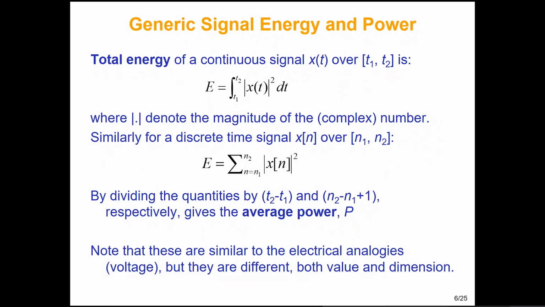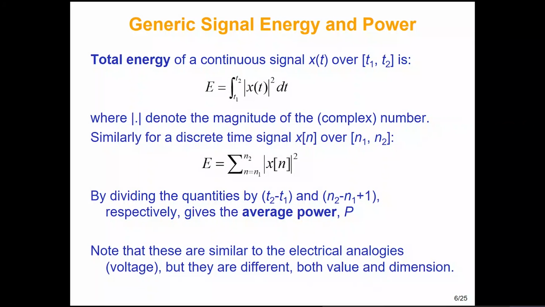If you want to find the energy in any signal, not any specific signal, any signal whose graph or values you have, we can find it just by taking the integration of the square of that signal. That is going to give you the energy of that signal.